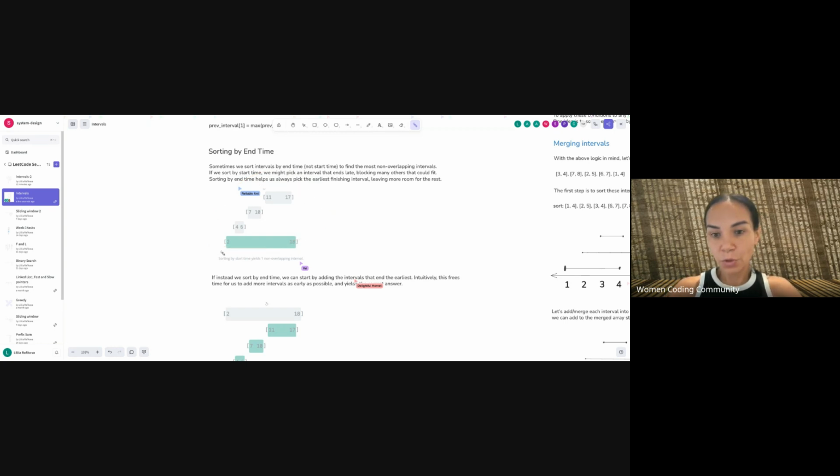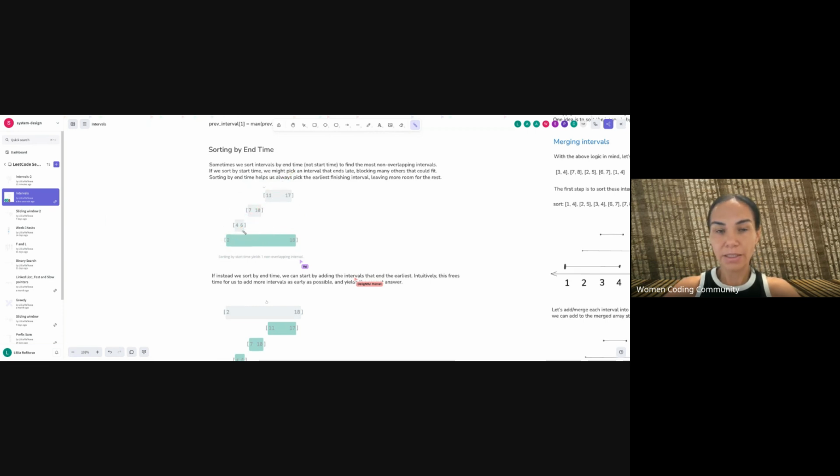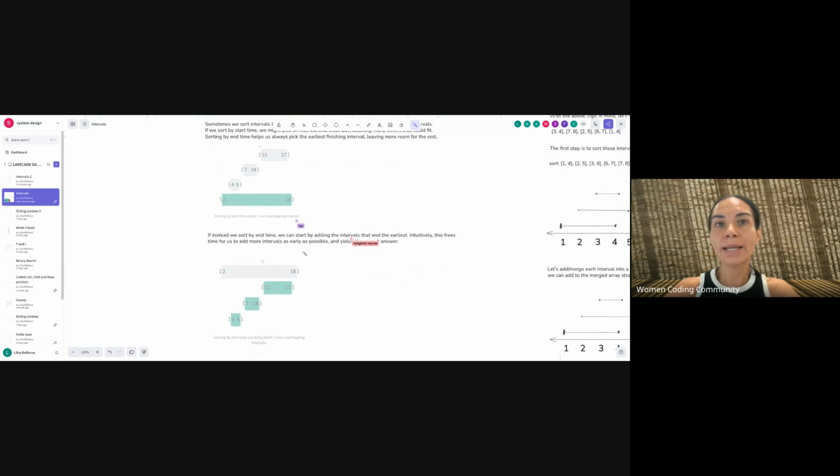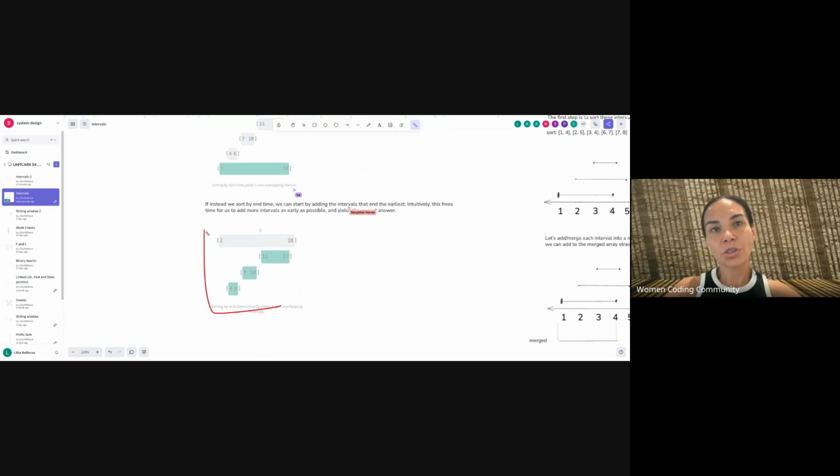If we go in chronological order by start time, all of these three will fall under that one, and we will not find any non-overlapping intervals. But actually, those three are non-overlapping intervals, and to find them, we need, in this case, to sort them by end. So this picture just shows how we sort them by end.